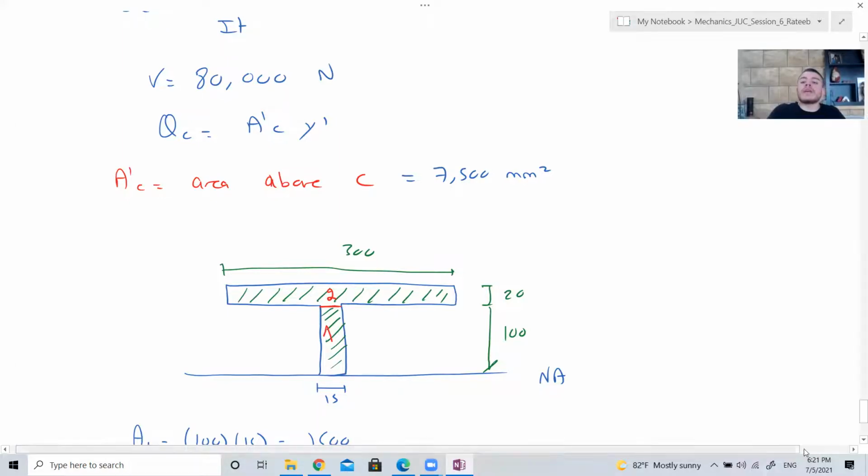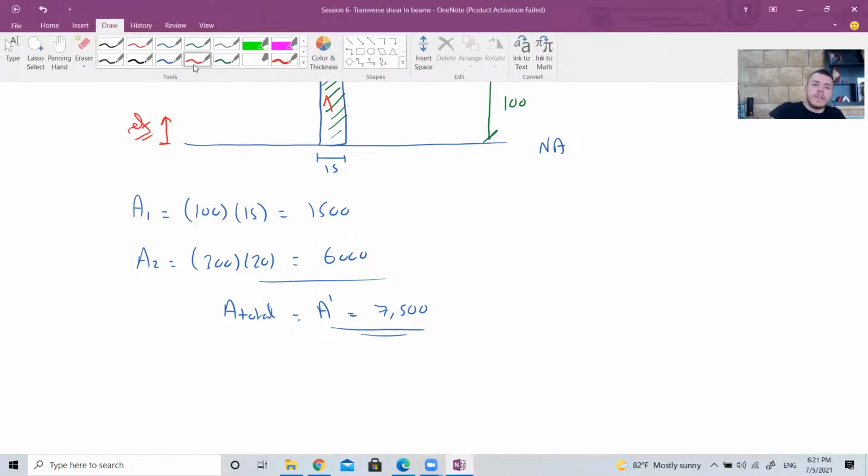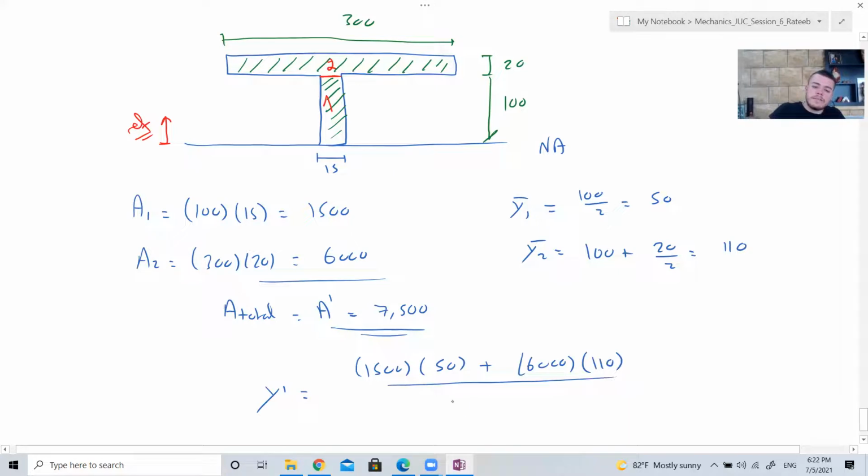Yes, you have to do like we did earlier. You have to pick your reference from here. And you put y1 bar equal to 100 over 2, which is 50. y2 bar equal to 100 plus 20 over 2, which is 110. Then y prime would be 1500 times 50 plus 6000 times 110 divided by 7500.